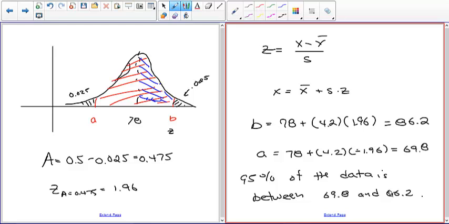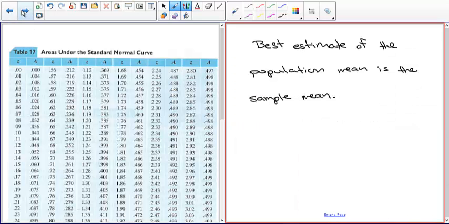Okay. So we're going to do a similar procedure to that to back out what we consider to be the confidence interval of where the population mean is based on the sample mean. As I said earlier, the best estimate of the population mean is the sample mean. That's why the confidence interval is centered around the sample mean.